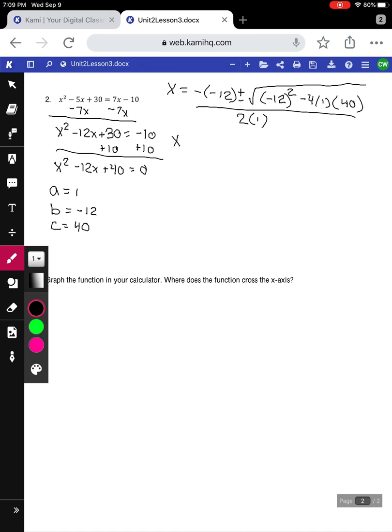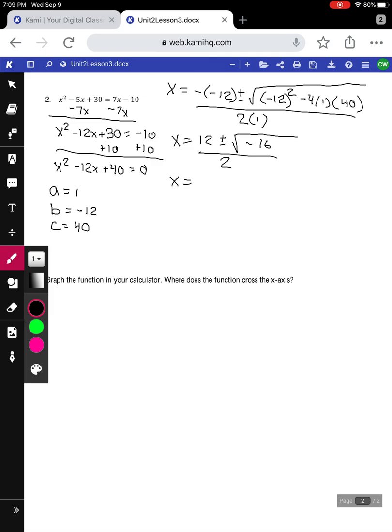Now I'll go ahead and simplify just like last time. Negative 12 gives me a 12 plus or minus the square root of negative 16 over 2. Now remember, square root of negative 16, if you plug that into your calculator, you are going to get an error.